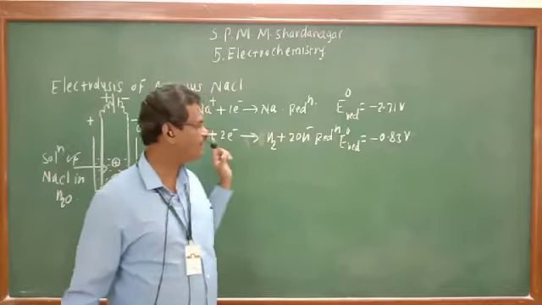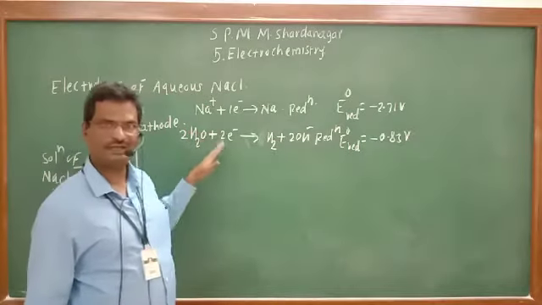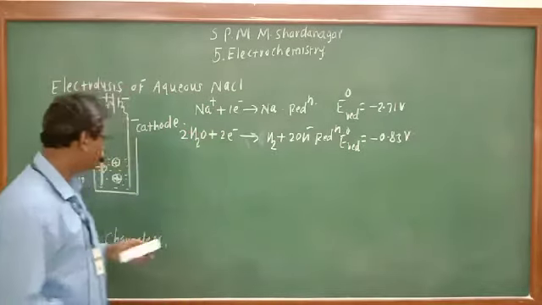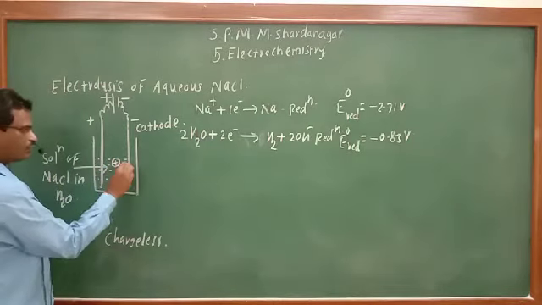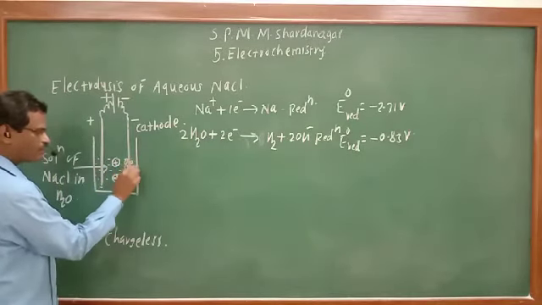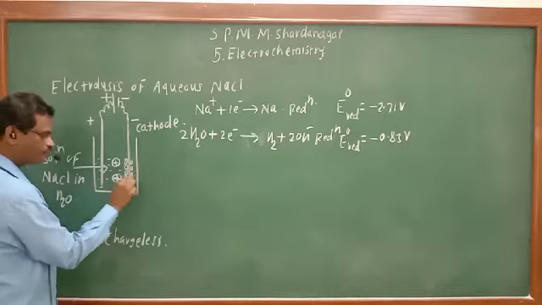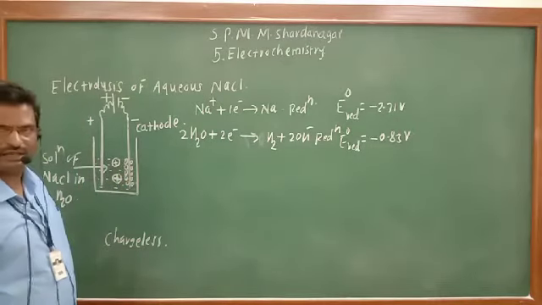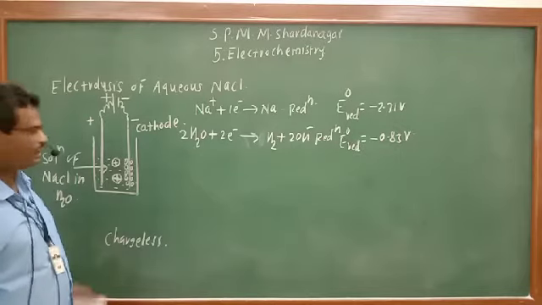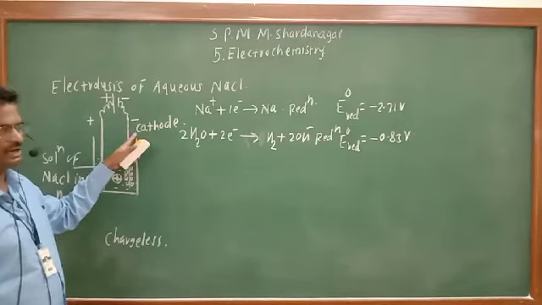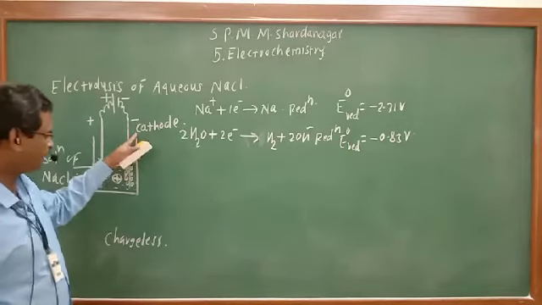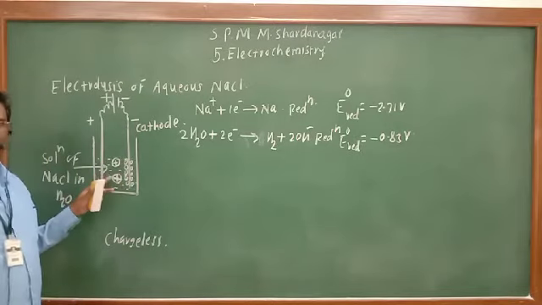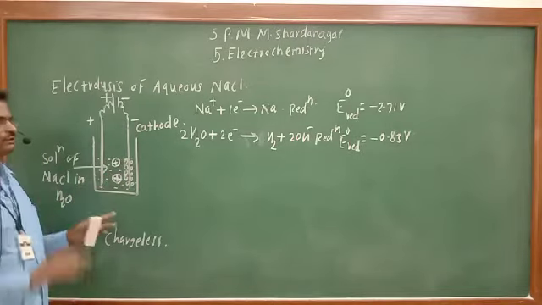So here the reduction potential of water is greater than sodium. Therefore, at the surface of the cathode, bubbles of hydrogen gas are observed. Hydrogen gas is evolved at the surface of the cathode whenever aqueous NaCl is electrolyzed.